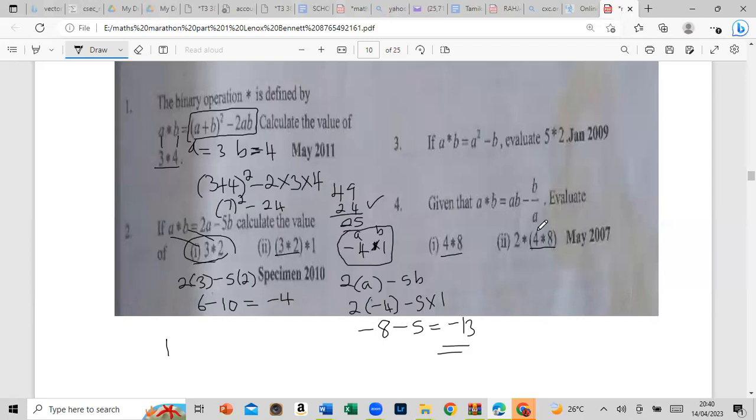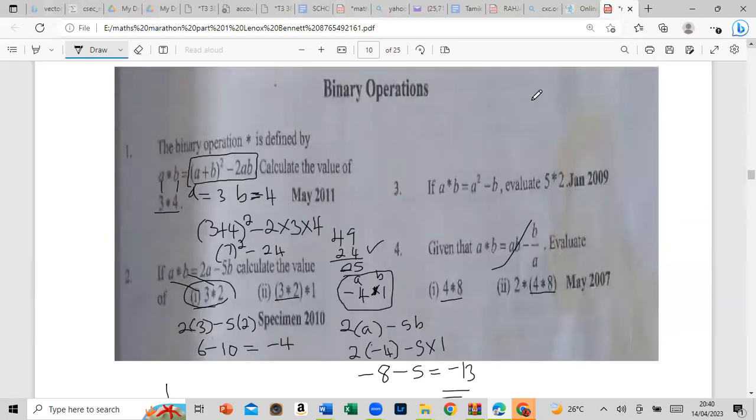So you do the same thing for this one, right? It says if A * B is equal to A squared minus B, evaluate 5 * 2. And that was a January paper. January papers are always spooky, you know. So it's 5 squared minus B, which is 2.